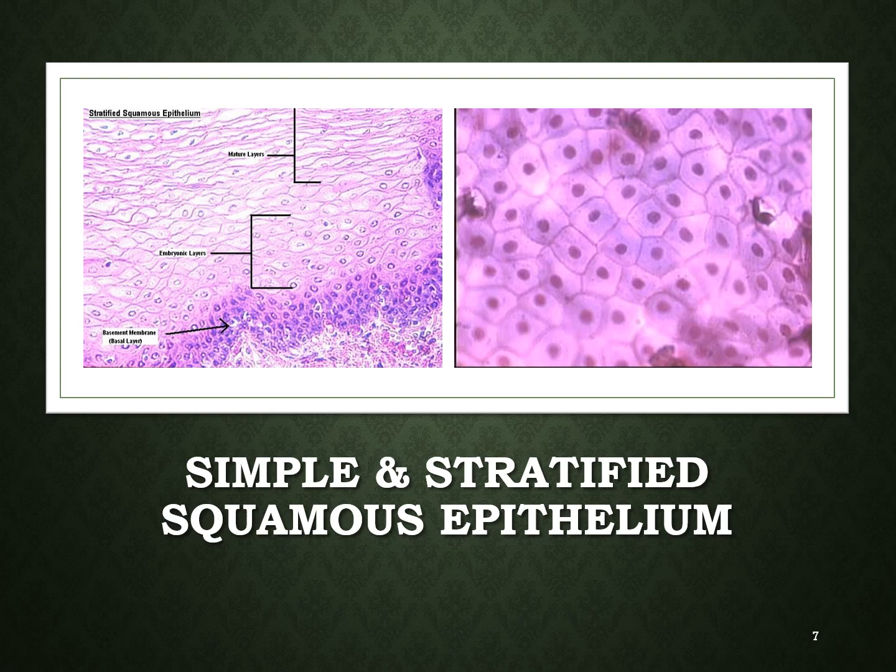Here is an image of the 2 different types of squamous epithelium. On the right, we're looking at simple squamous epithelium, which are these scale-like cells that are in a single layer. And on the other side, we're looking at stratified squamous epithelium.